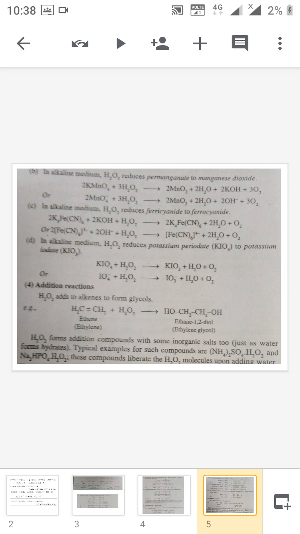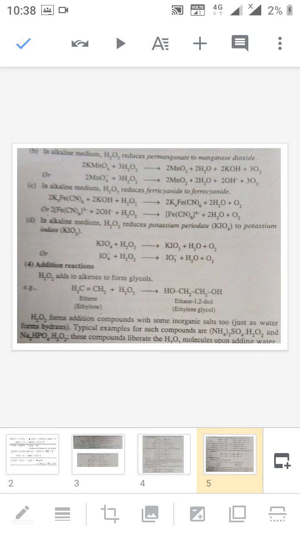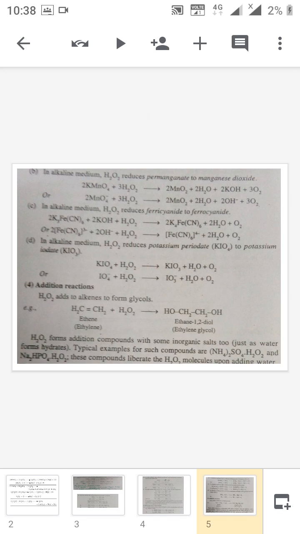The next reaction in basic medium is KMnO4 reacting with hydrogen peroxide to form MnO2 plus KOH plus oxygen. So in acidic medium we will get MnSO4 and K2SO4, whereas in basic medium we will get MnO2 in the case of KMnO4. Next, ferricyanide is converted into ferrocyanide.